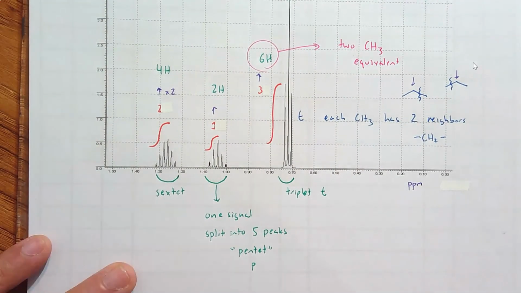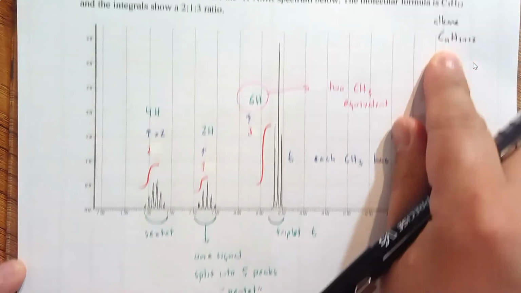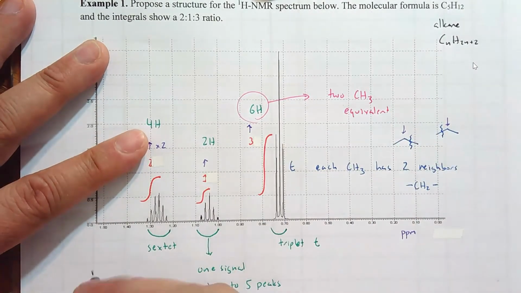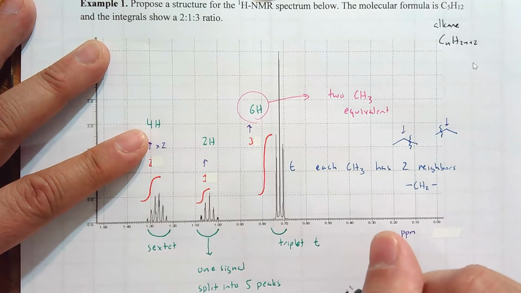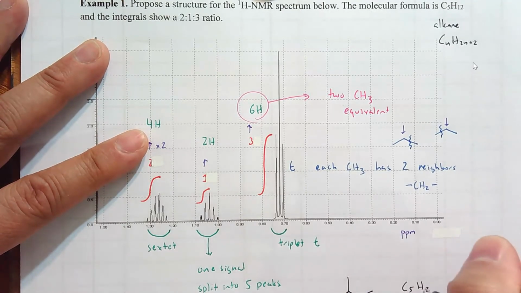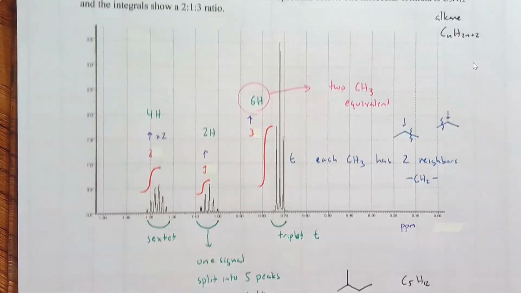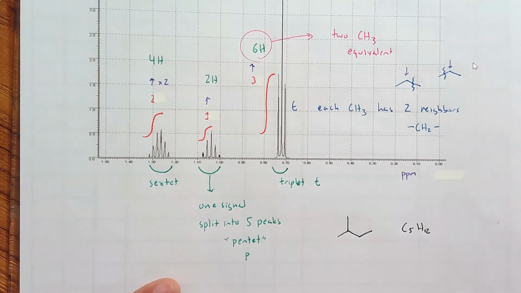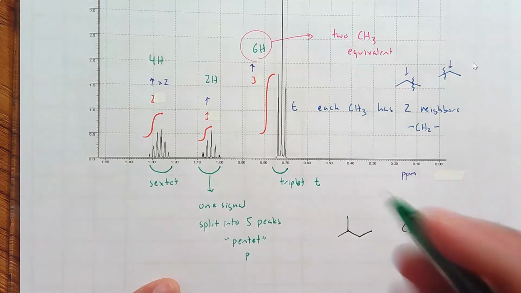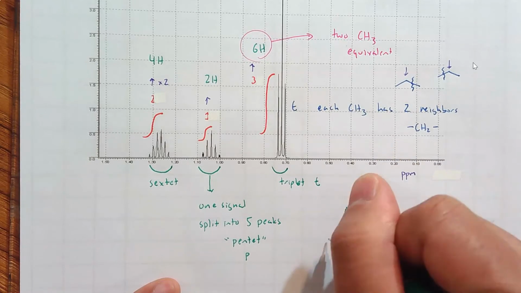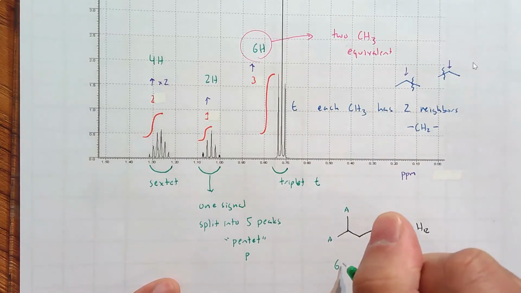So, say I know that it's an alkane. Okay, let me pretend that I didn't do all of this work, and I guess that maybe I have this. Isn't that C5H12? Well, if you practice enough, you could easily say that these protons right here, A and A, I have 6.